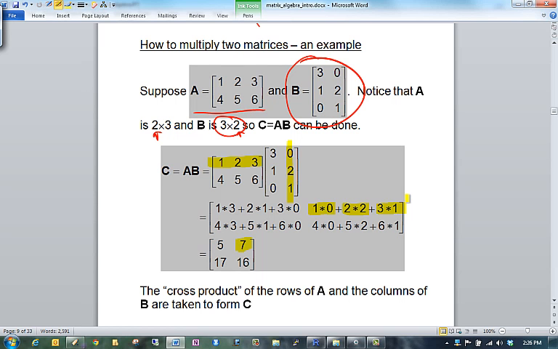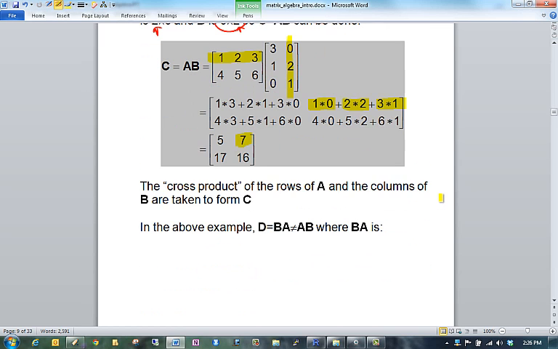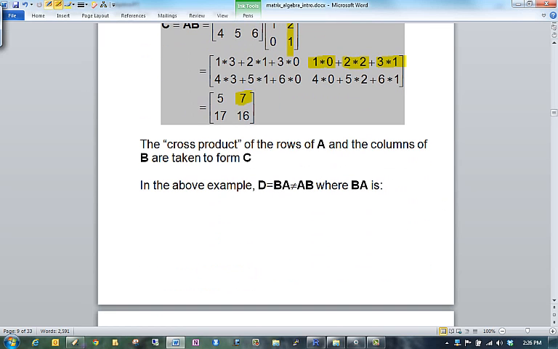That's how you do matrix multiplication. It's not too bad, but you can see that if we have any kind of large matrices, doing these by hand is not going to be a fun thing to do. So that's why we typically do it using computers.